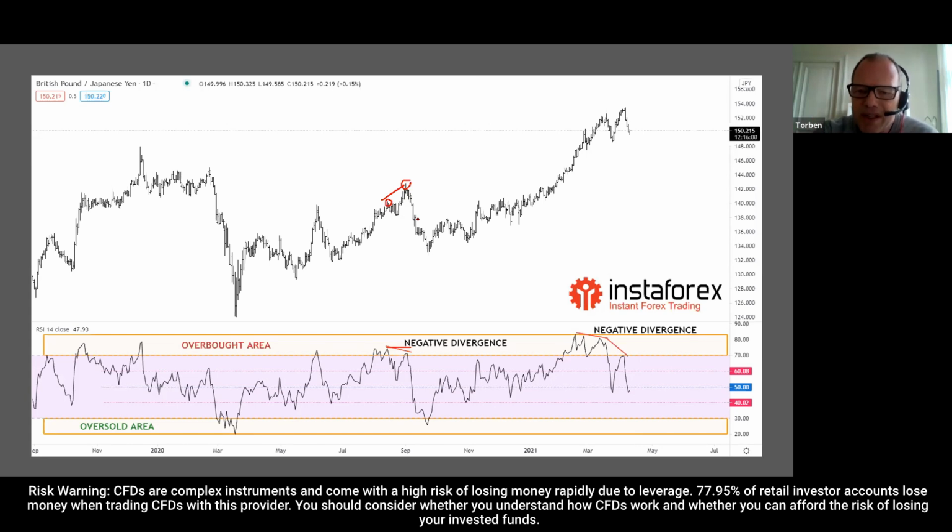Now we can see what happened afterwards, but at the point you wouldn't know if it was the final top in this, but the risk that it is is a lot greater than the one that we saw over here, where it just peaked and after that it's possible that it's a large top and we had a big drop off. This was during the corona, so everything was screwed up there.